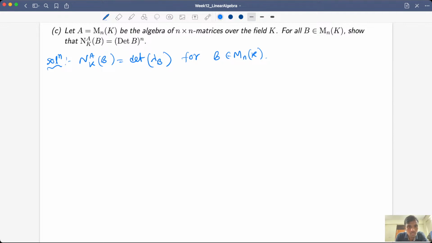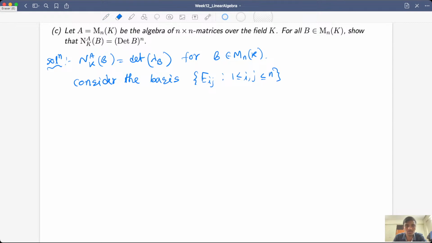So consider the basis E_ij, with 1 ≤ i, j ≤ n. I need an ordered basis, since this is just a collection, so let me write it in an ordered way.